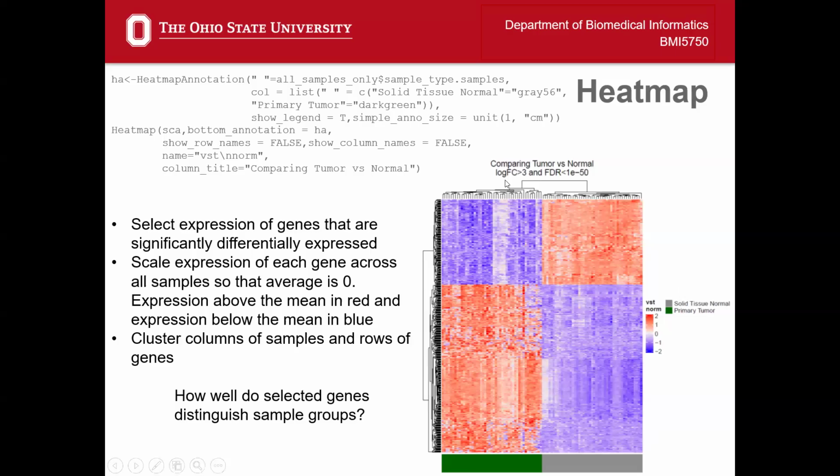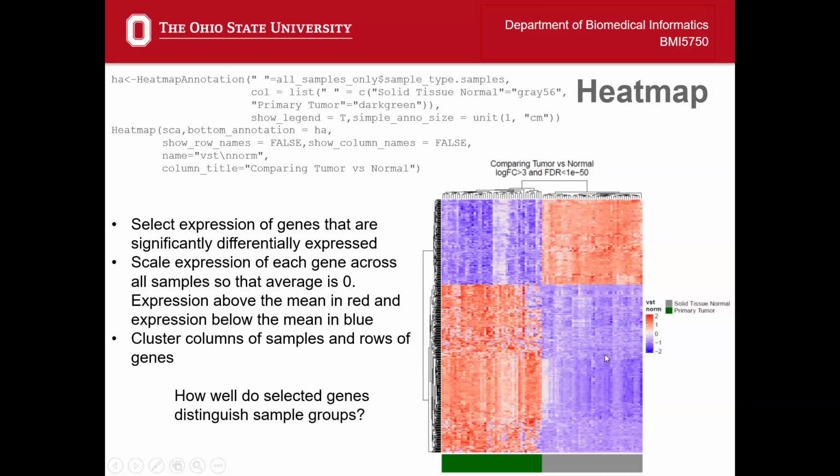And this gene set is very good. This gene set we've picked is very good at distinguishing our primary tumors in this first group in green against our normal samples in gray over here.